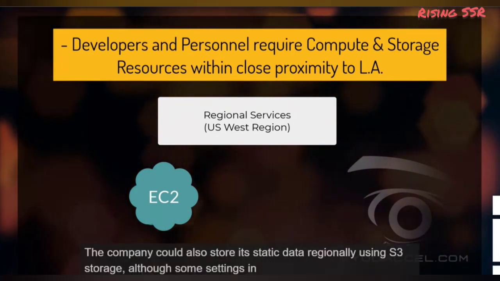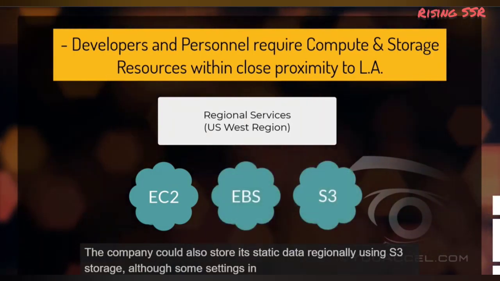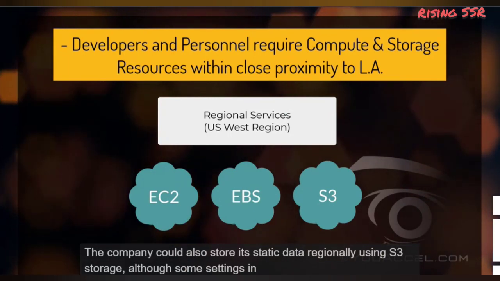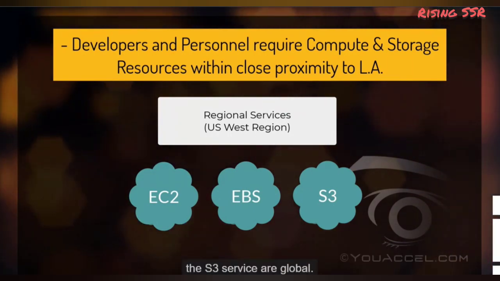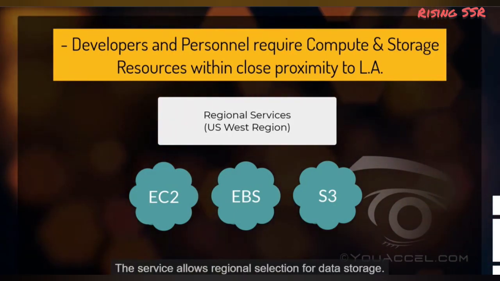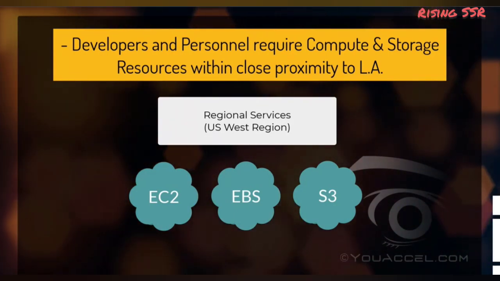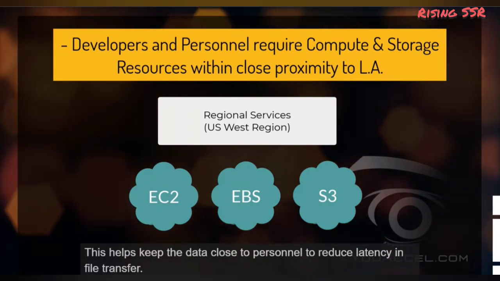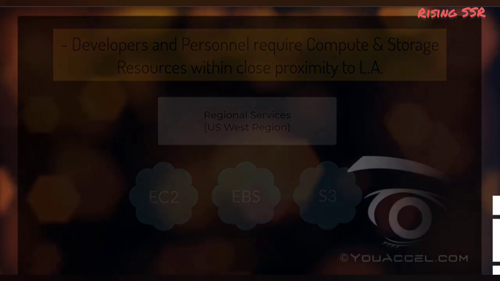The company could also store its static data regionally using S3 storage. Although some settings in the S3 service are global, the service allows regional selection for data storage. This helps keep the data close to personnel to reduce latency in file transfer.